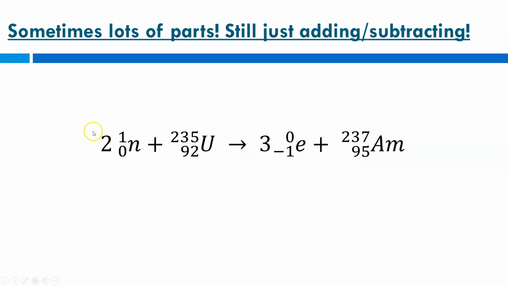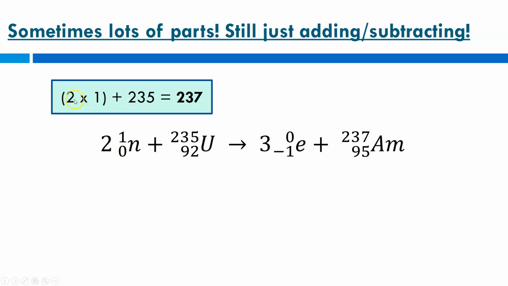I have 2 neutrons that are hitting a uranium atom. It's going to break apart, it's going to release 3 beta particles, and we're going to be left with 1 daughter product over here. All we have to do is keep track of the numbers, okay?